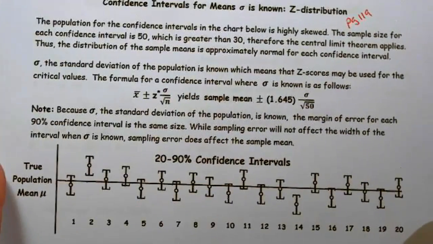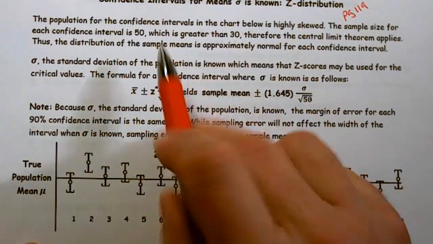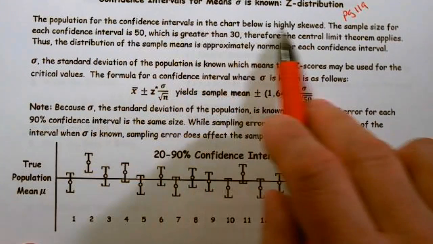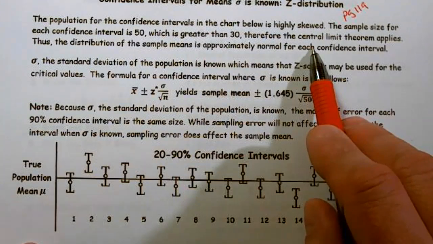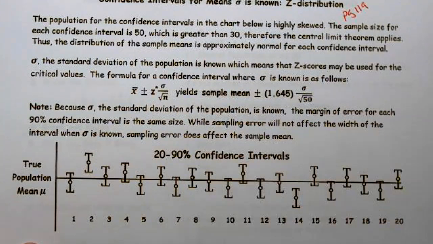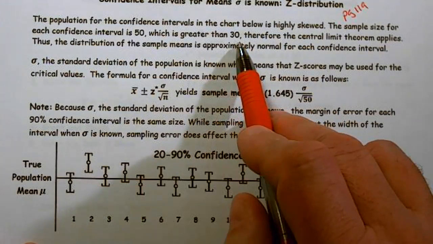I have this chart to give you an idea of what a confidence interval looks like. We said the population for the confidence intervals in the chart is highly skewed, but the sample size for each confidence interval is 50. So even though it's skewed, because it's greater than 30, the central limit theorem applies.